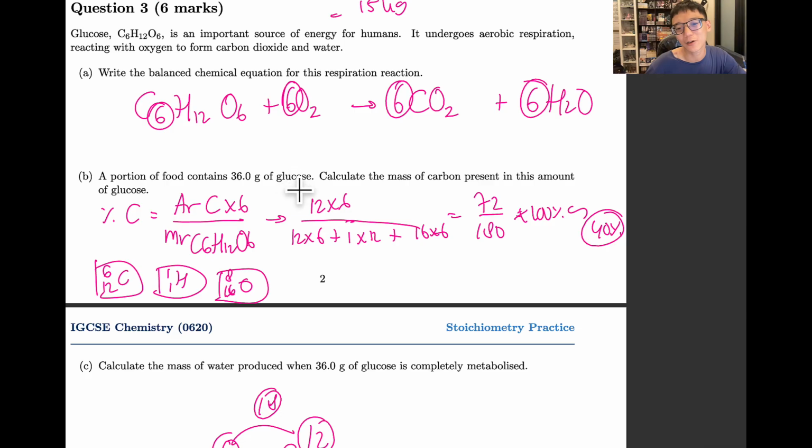So 40% of your glucose is carbon. So if you have 36 grams of glucose, the mass of carbon will be 36 grams multiplied by 40%, or around 14.4 grams.